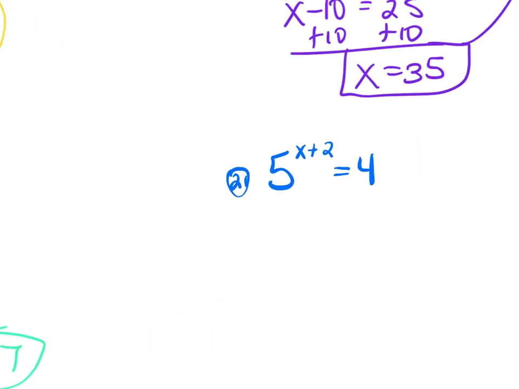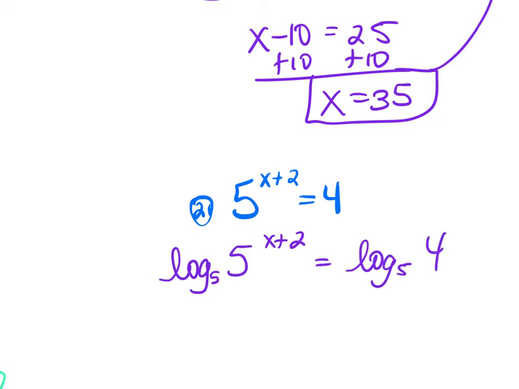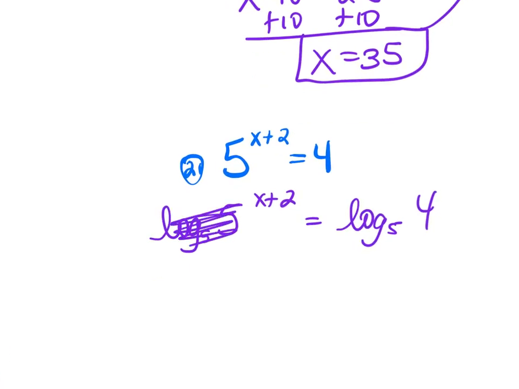All right, so we come to this problem where it says 5 to the x plus 2 equals 4. So the opposite of our exponential is going to be log. So I'll take log base 5 of 5 to the x plus 2 equals log base 5 of 4. Log 5 cancels out.